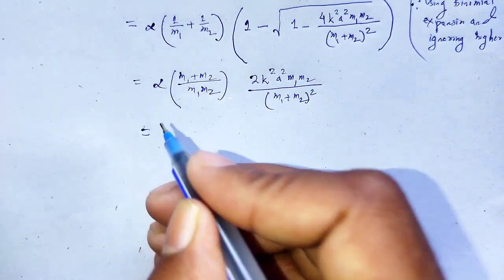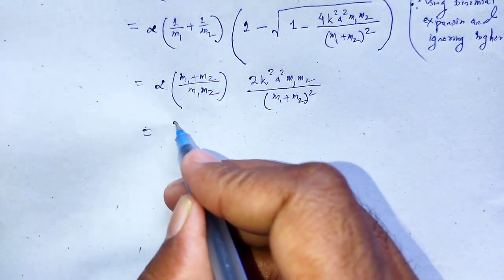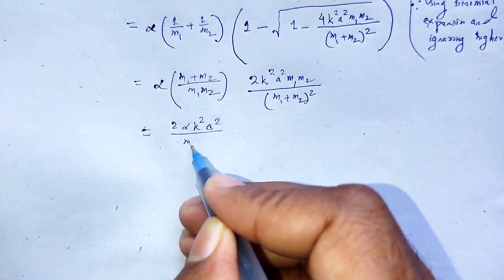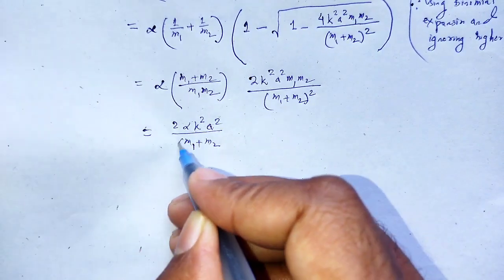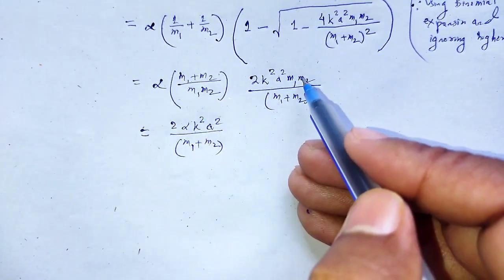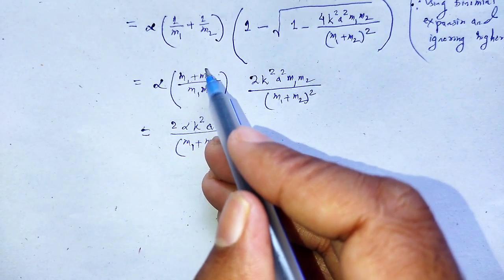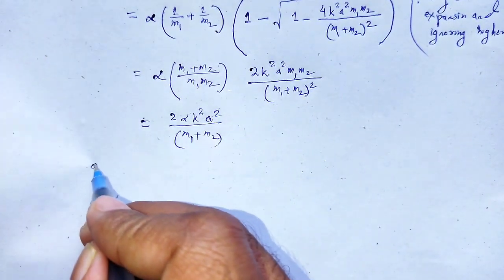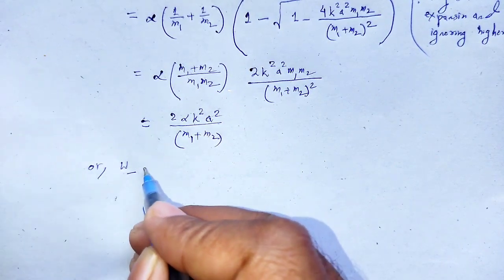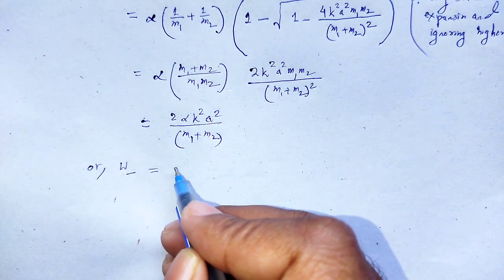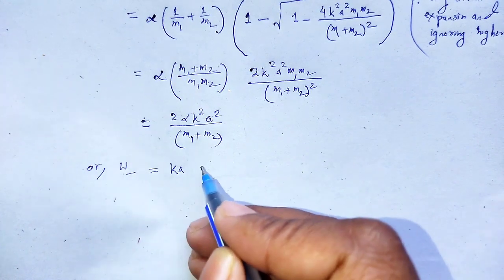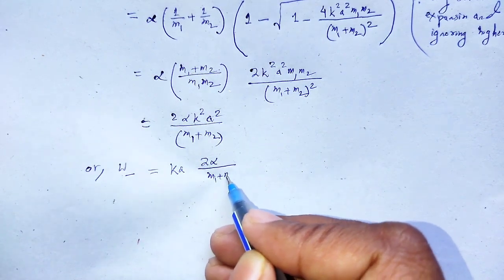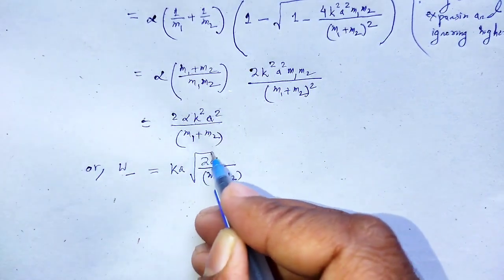It will be 2αk²a² divided by m1 plus m2, here m1 m2 cancelled out, m1 plus m2 cancelled out, therefore omega minus is equal to ka under root 2α divided by m1 plus m2.